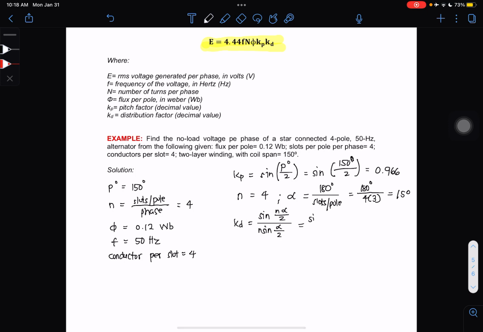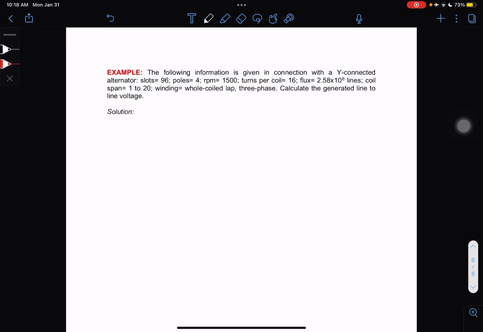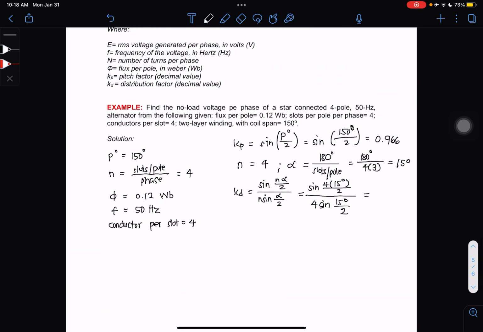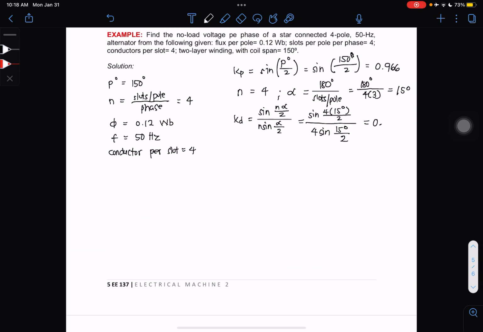So sine of 4 times 15 degrees divided by 2, over 4 sine of 15 degrees over 2. Our distribution factor will be 0.9576.